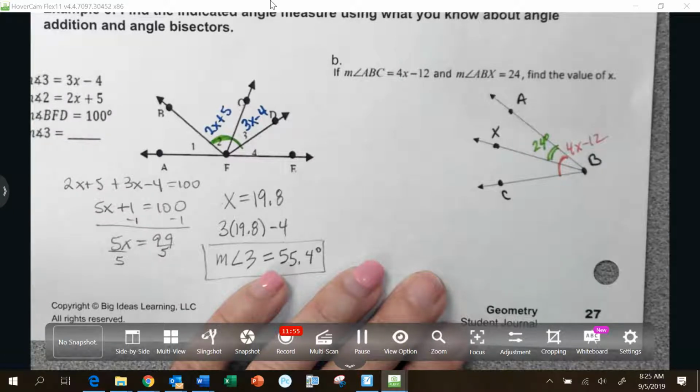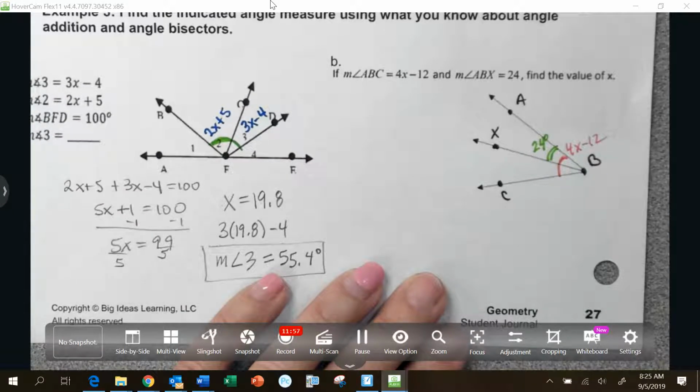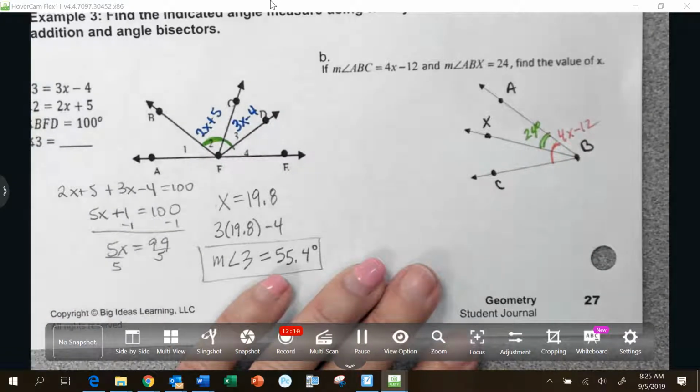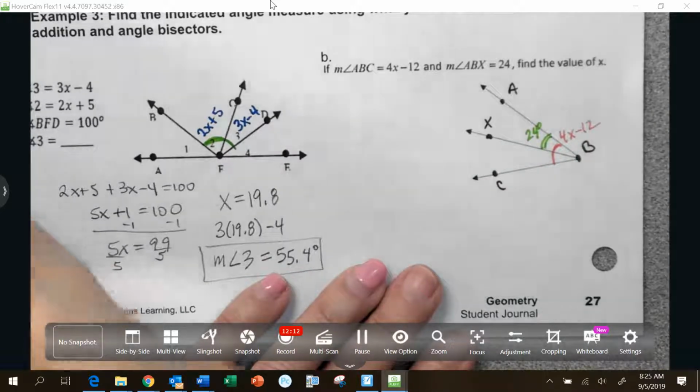It's a good question. Find the value of x. It does not say anything about bisecting, does it? Well, okay, so here's the thing. These notes could have a typo in it.